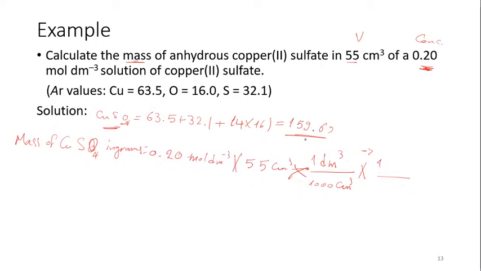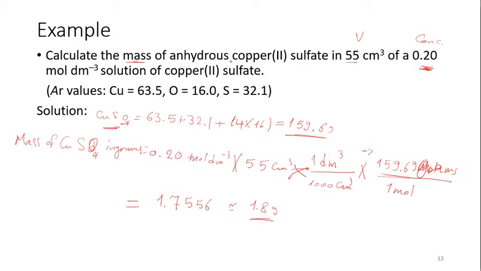If I know that the molar mass of copper sulfate, this is in grams, for each 1 mole, if I calculated that, it would be equal to 1.7556, which to two significant figures is 1.8 grams.